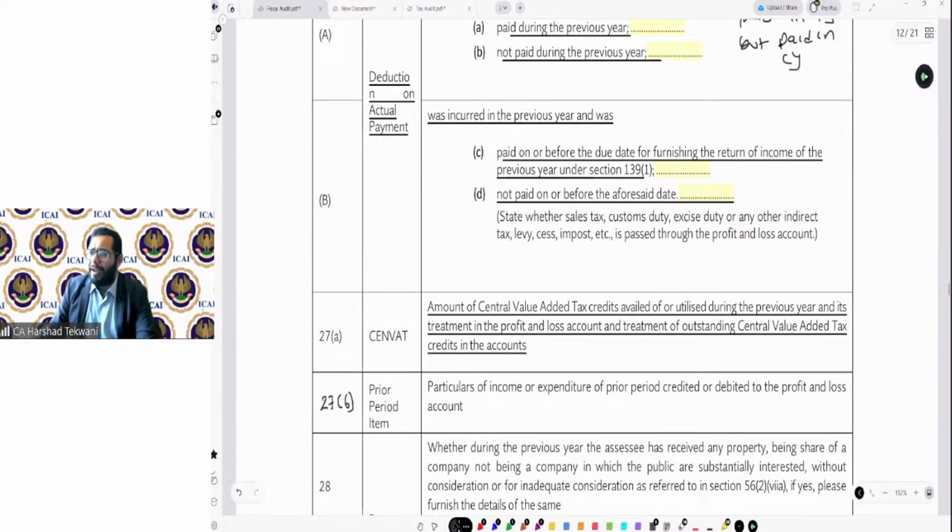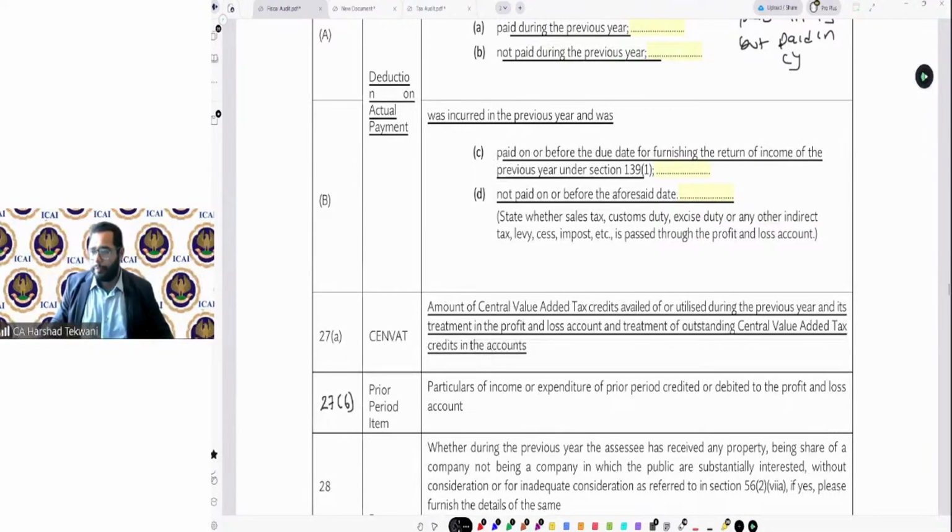Now, CENVAT was introduced in place of MODVAT in 2004. Then there were the CENVAT Credit Rules 2004, under which the credit was there, everything was there. So there was a detailed provision at that time, at the time of service tax and everything. Now, if that is the case for the previous years, then that will be the amount.